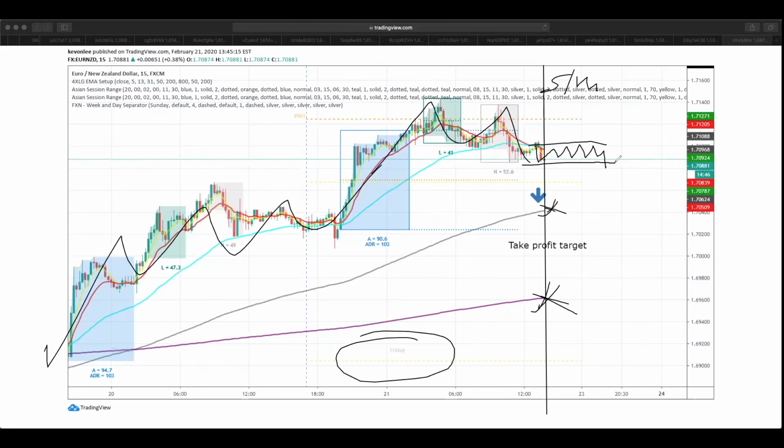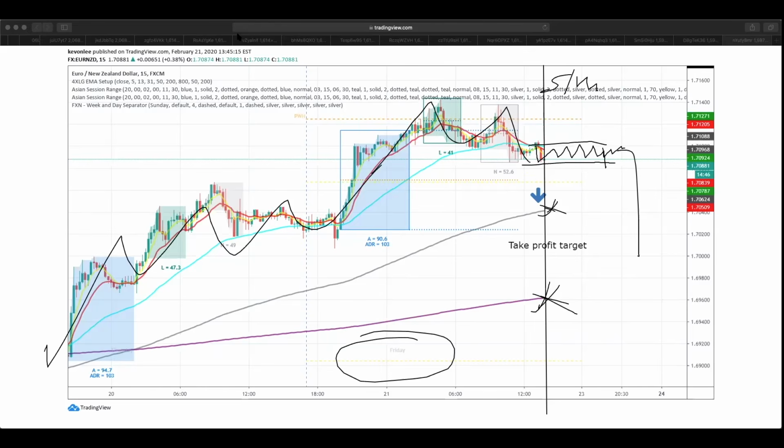Yeah. So you have really one of two options. You can do a fake move up and then go down, or you can literally just do a move from the middle of the range and go straight down like a straightaway trade. It all depends on what happens during this Asian range.